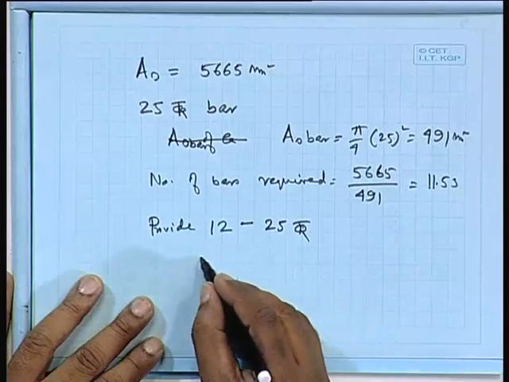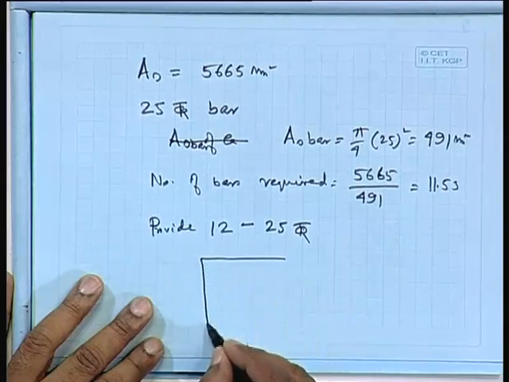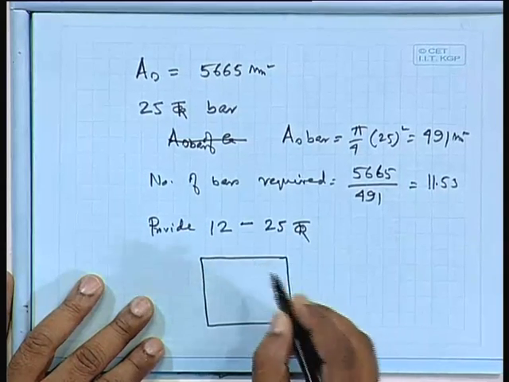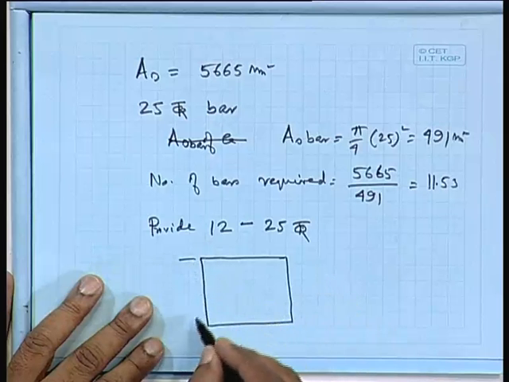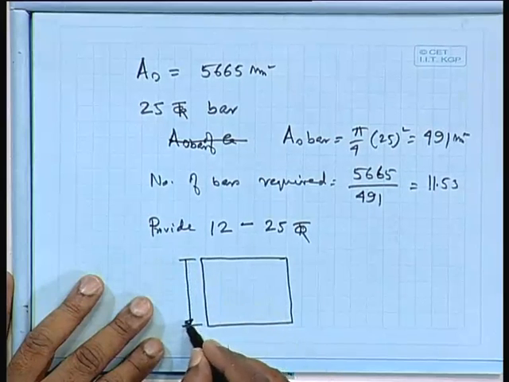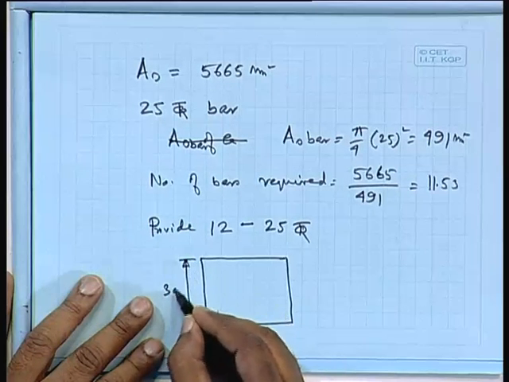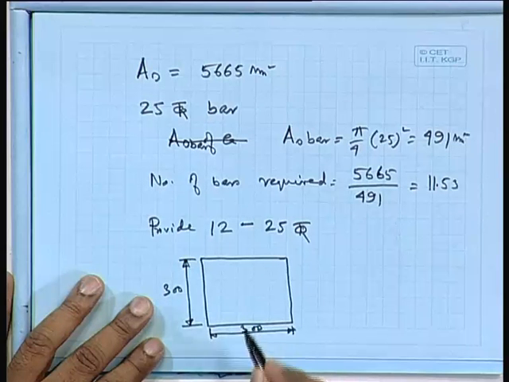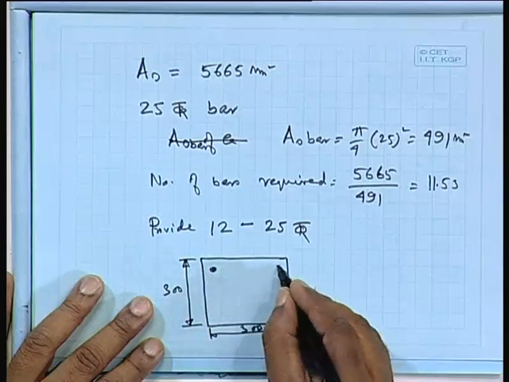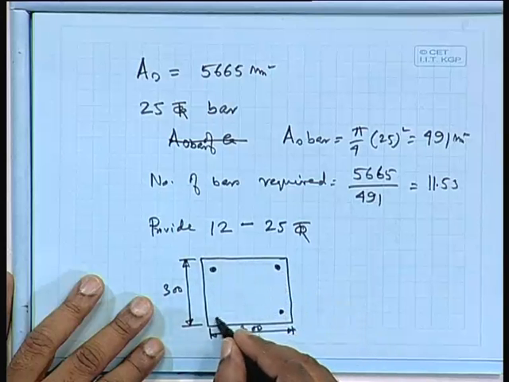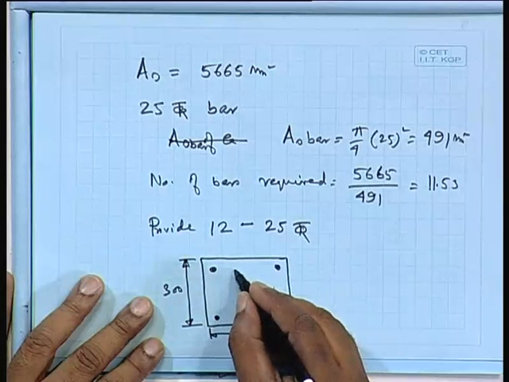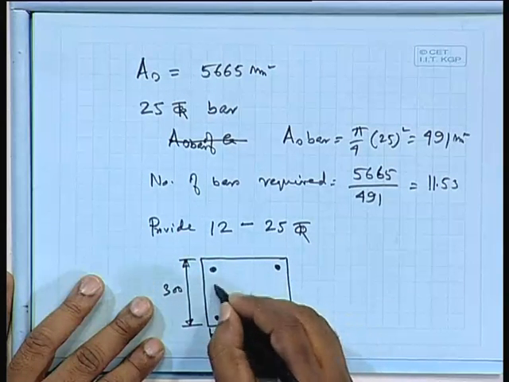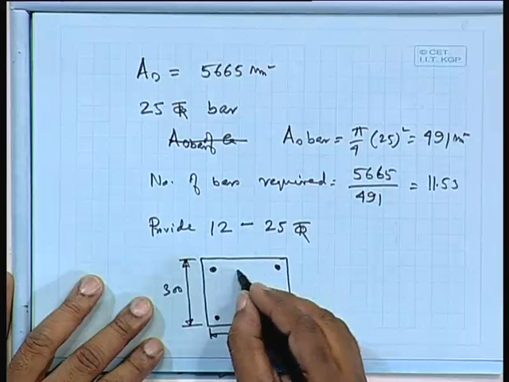It means this is a section, this is 300. One, 2, 3, 4 corner, 5, 6, 7, 8, 9, 10, 11, 12. So, each side 2 more.